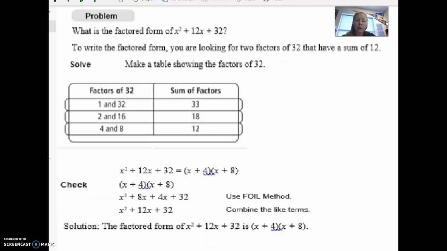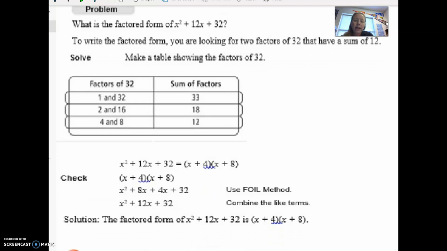So to factor that one out then, we would say, okay, this trinomial right here is equal to these two binomials. x times x we know is x squared, and we know we multiply 8 and 4 to get 32, and we know they would add to get our middle term of 12x. So that is what it looks like when you're going backwards through the problem, okay?